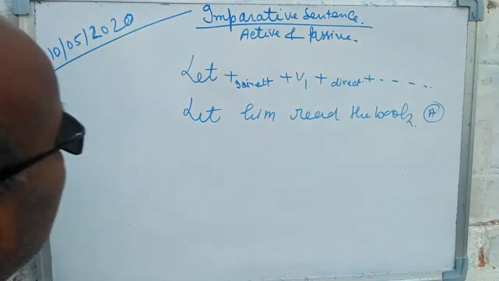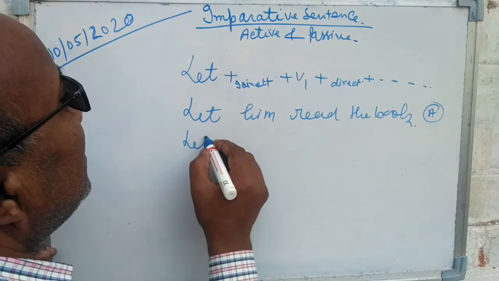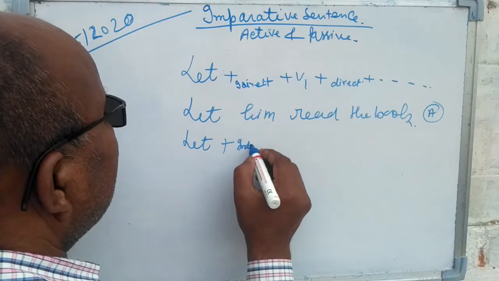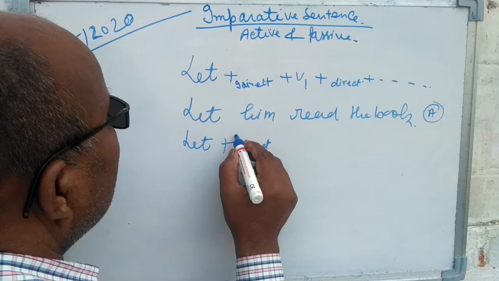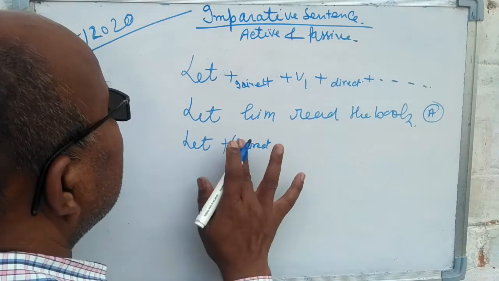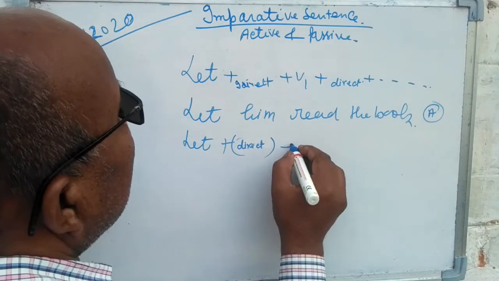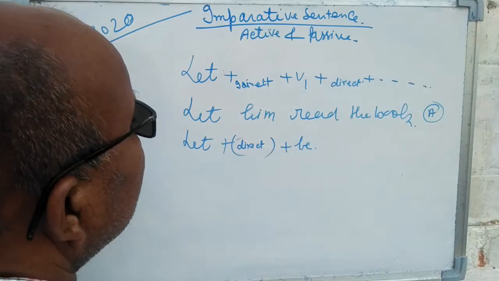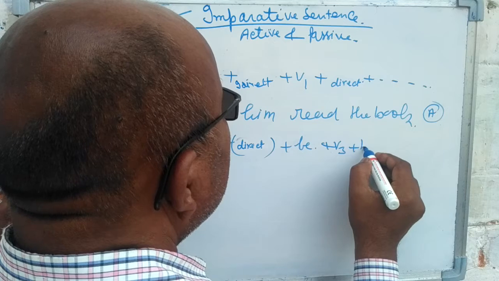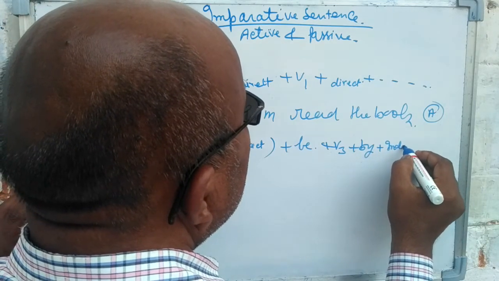How will it be changed? I write the rule. Let the direct object, where the direct object means non-living, plus be, V3, by and the indirect object.